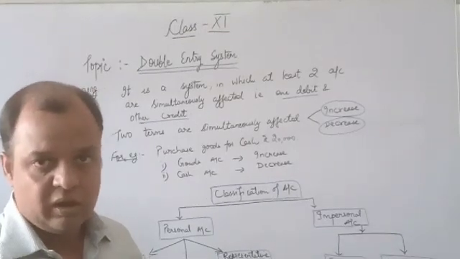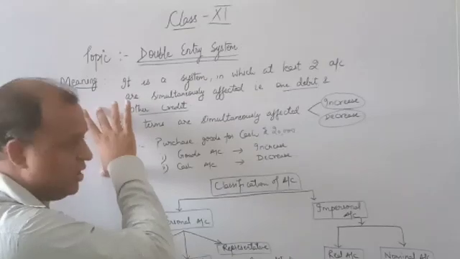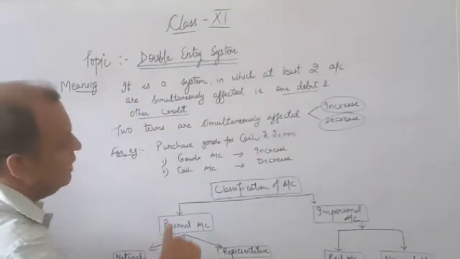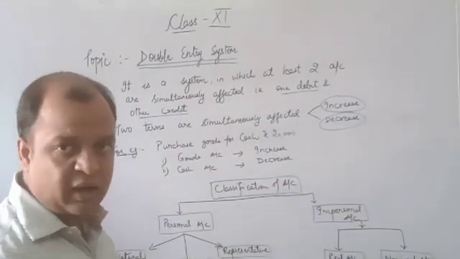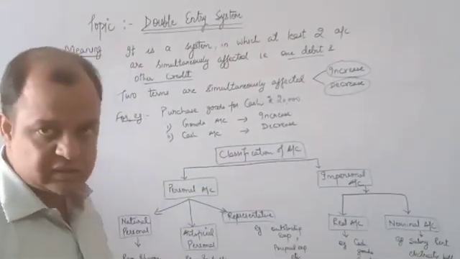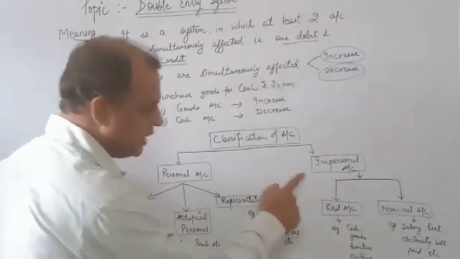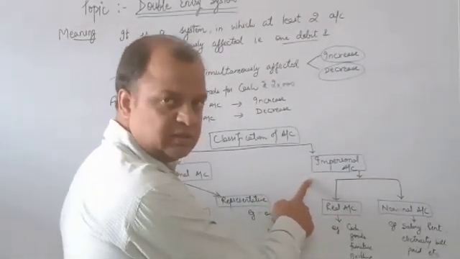Okay. Now further, after this understanding, we need to understand that our accounting aspect is classified into two major categories. Number one is personal account, second is impersonal account.